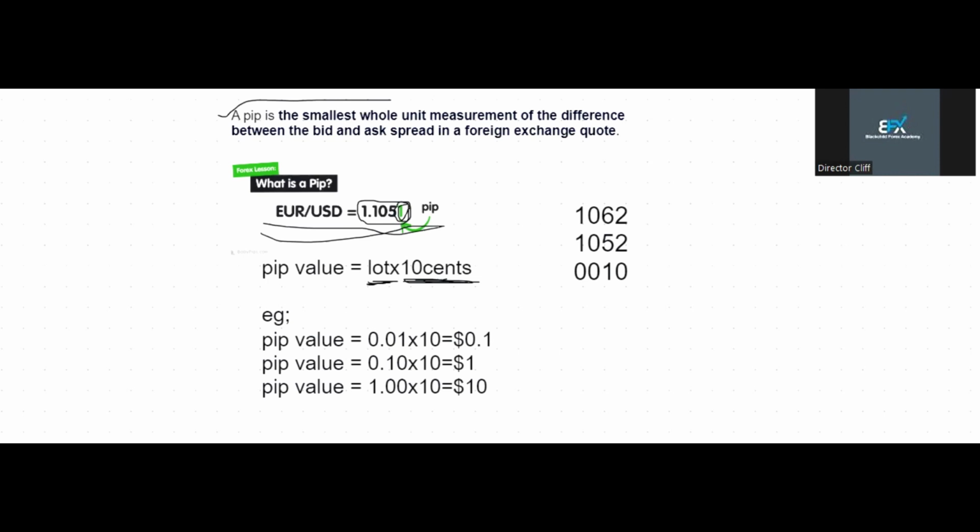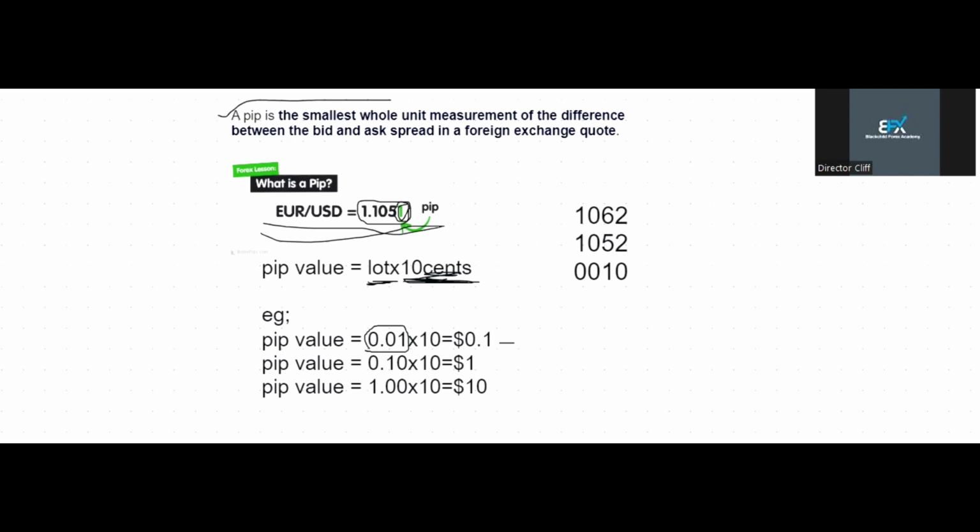So let's say, for example, if you're going to take a trade and you're going to use this lot size, which is 0.01, it means every pip that you're going to catch is going to be 10 cents.